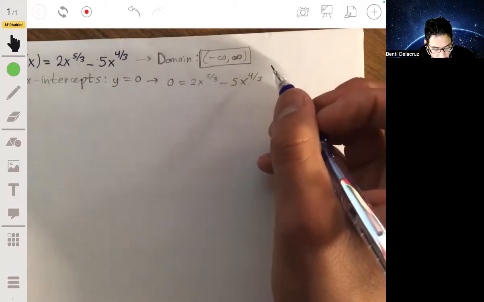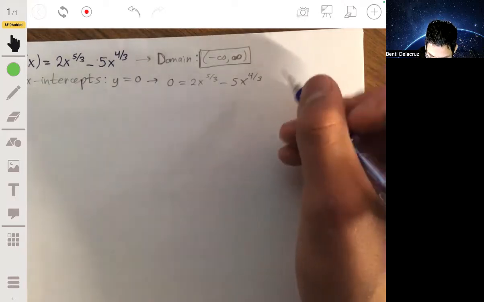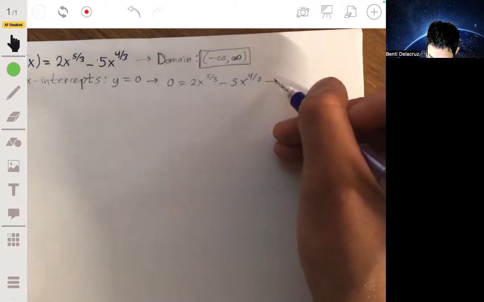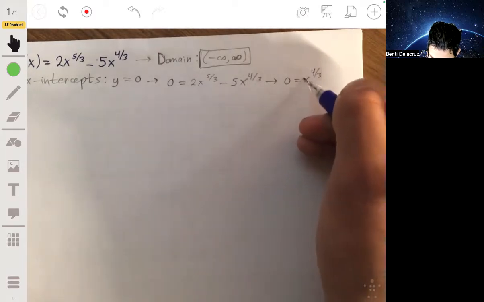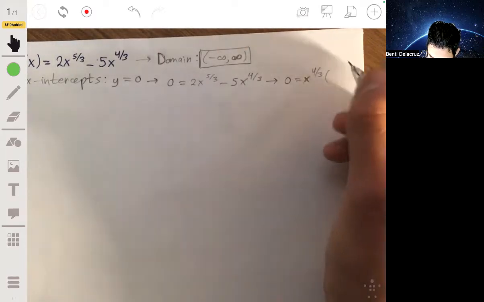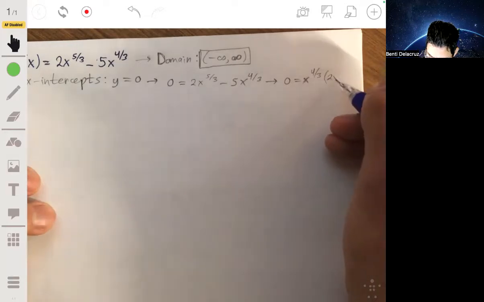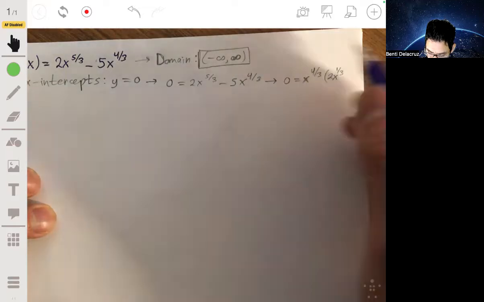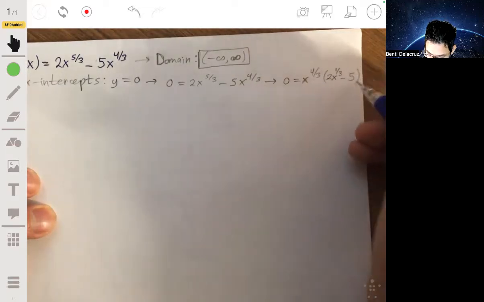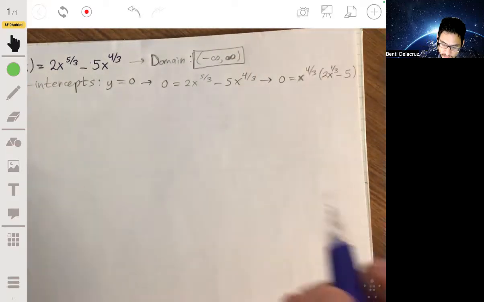Let's factor out an x to the 4/3. It looks like it's going to work. So we get 0 equals x to the 4/3 times (2x to the 1/3 minus 5).